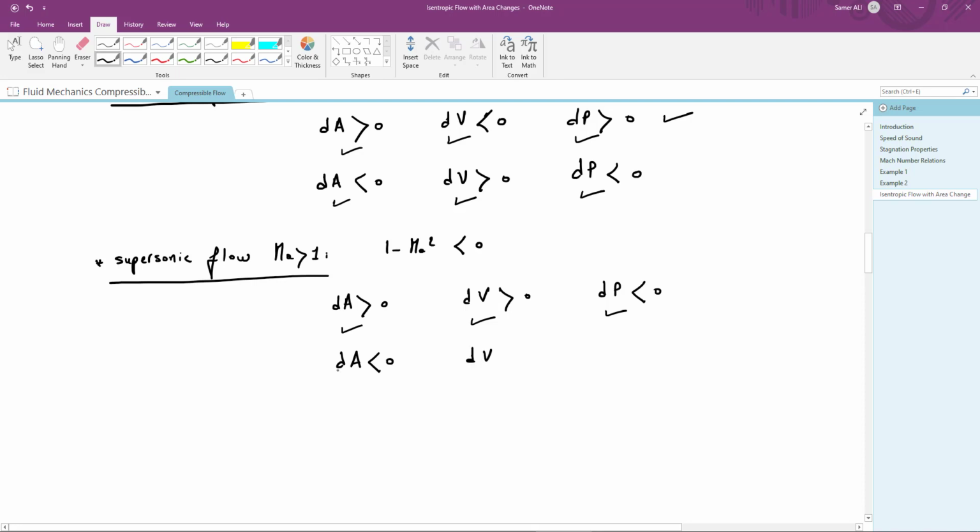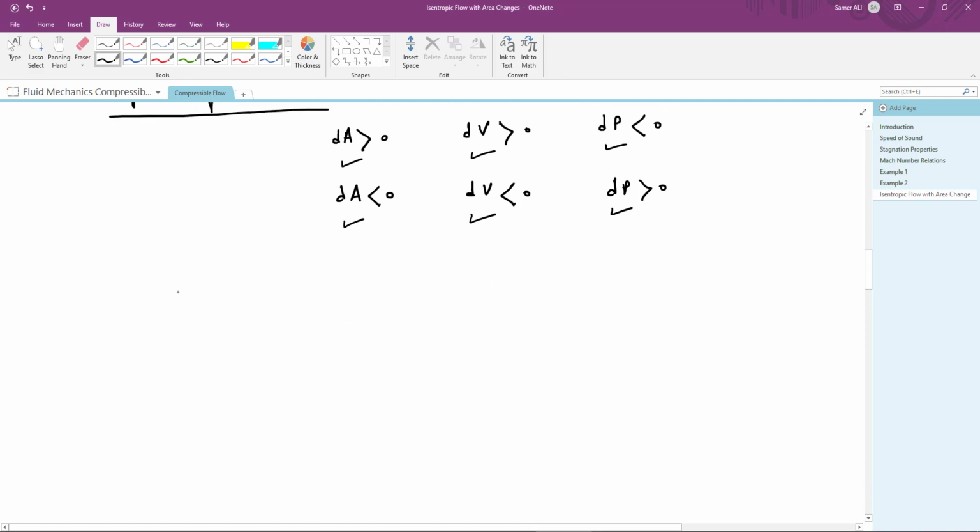As we said, dV will follow dA, so dV will be negative and dP will be positive. So when the cross-sectional area decreases, the velocity will decrease and the pressure will increase. So if you want to decelerate a supersonic flow, in fact, you need to create a restriction in the flow, so you need to decrease the cross-sectional area.